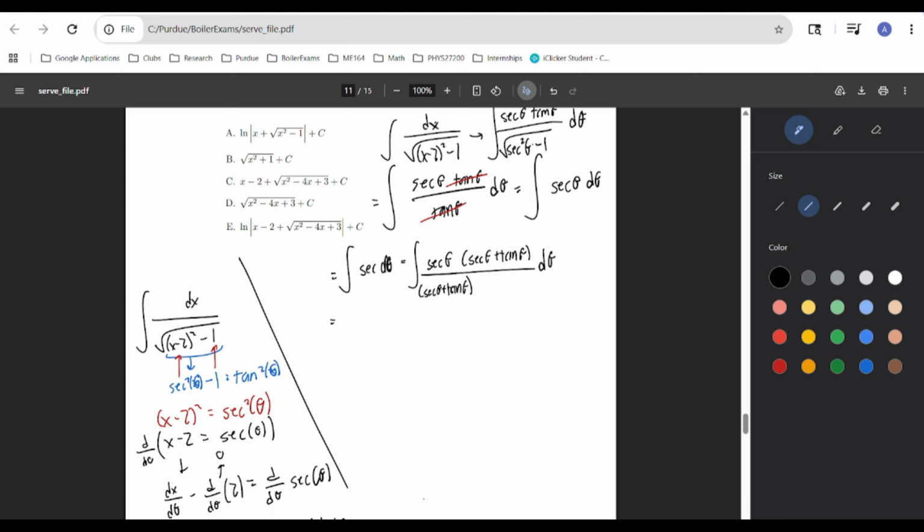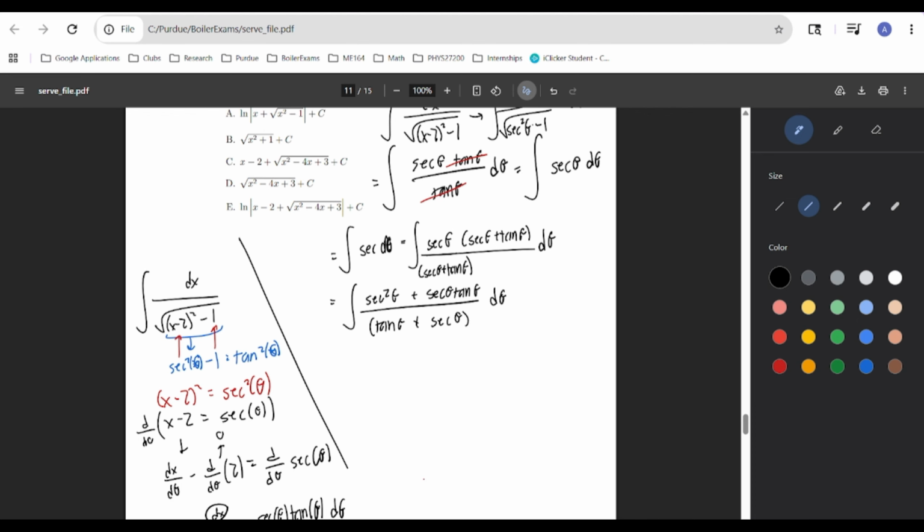We're going to distribute: secant squared of theta plus secant theta tan theta, over, and I'm going to flip this around, tan theta plus secant theta, d theta. Now our u sub becomes apparent. U in this case is equal to the denominator, tan theta plus secant theta.